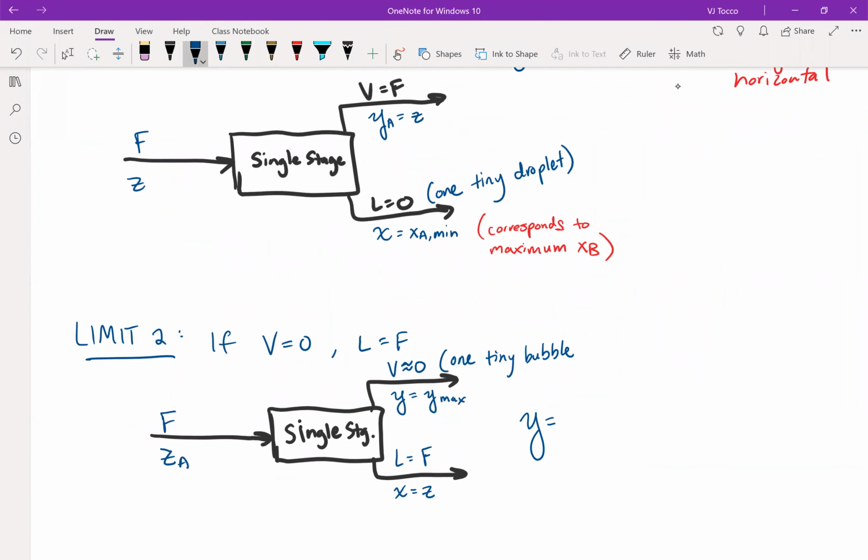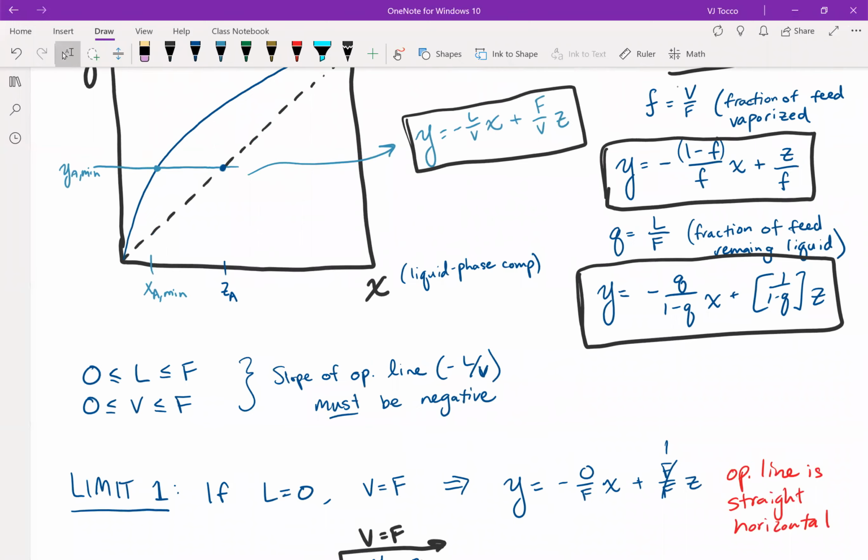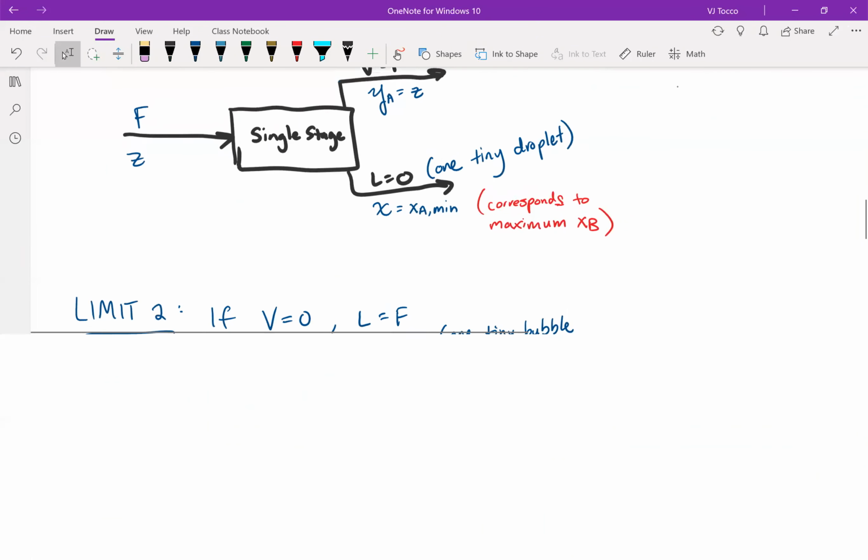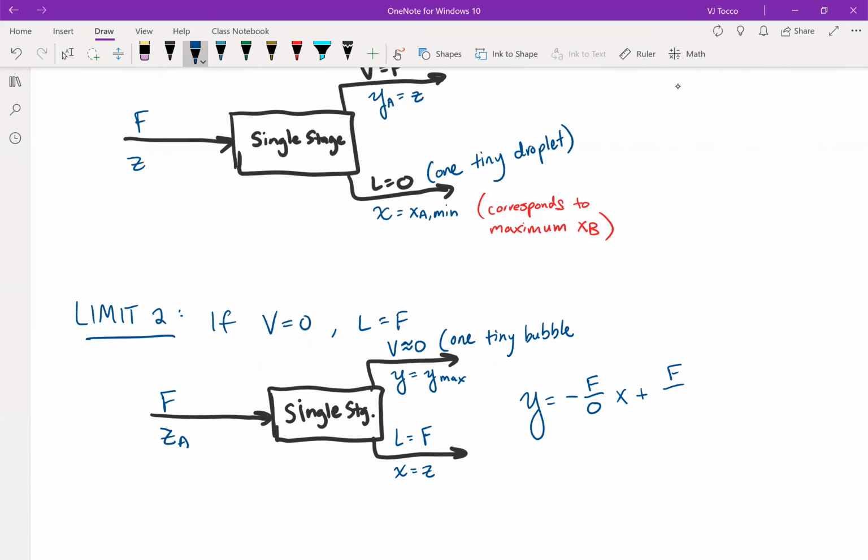Y is equal to minus L over V, so minus F over 0 times X, plus F over V, and V is equal to 0, so F over 0 times Z. So here we've got two things that are both undefined. This means that our operating line is a straight vertical line.